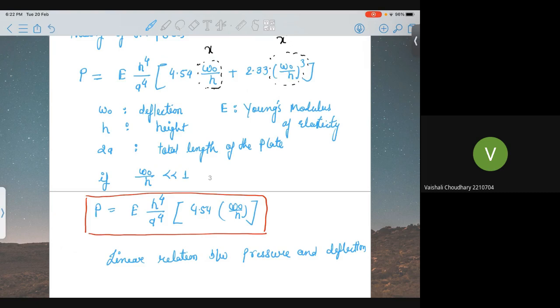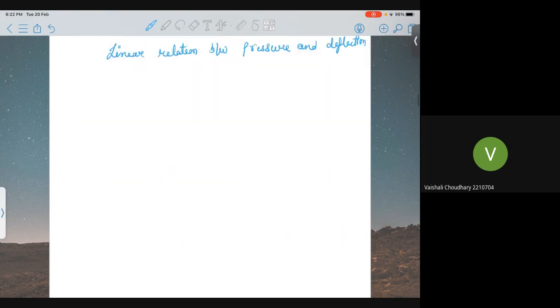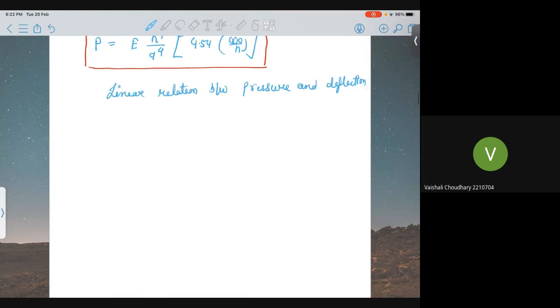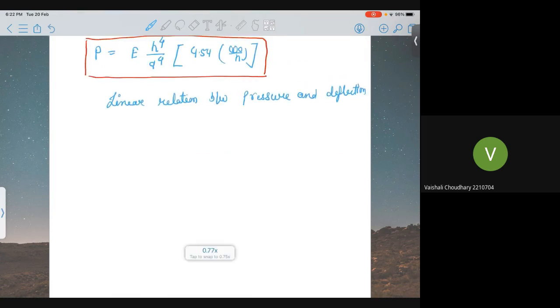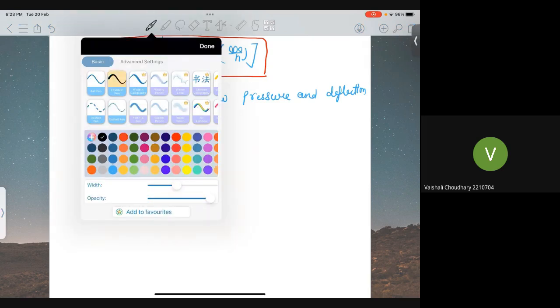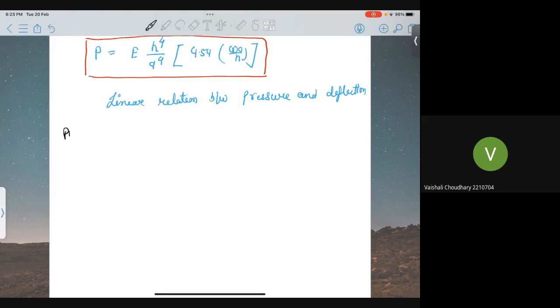Suppose we have a piezoresistive sensor.